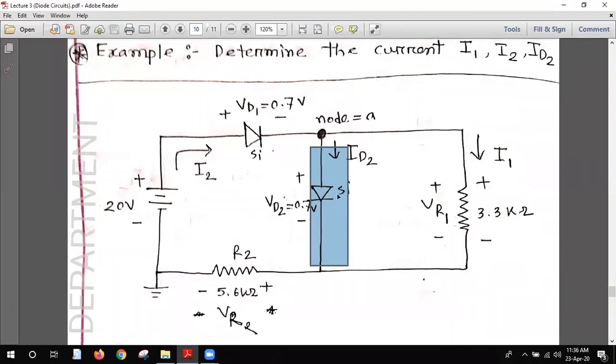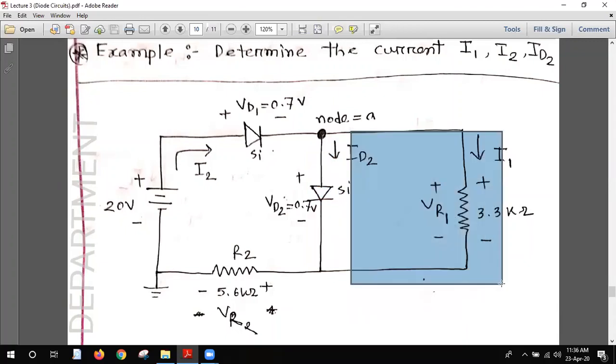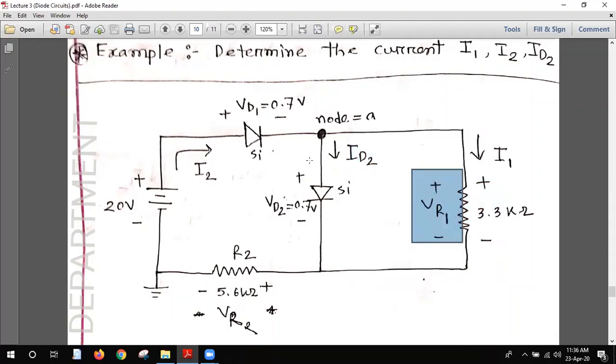This branch and this resistance are parallel. Both have the same two terminals. These two are parallel. So the voltage VR1 will be the same as VD2, 0.7 volt.